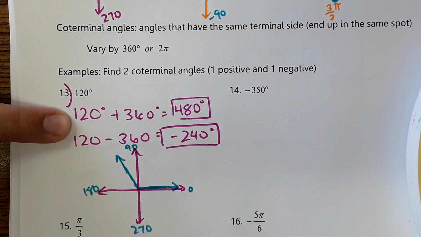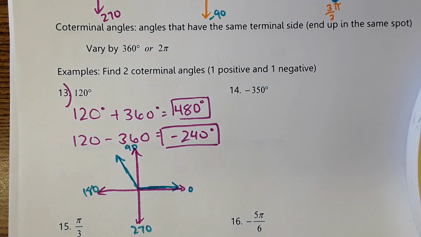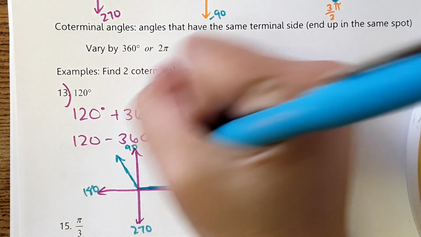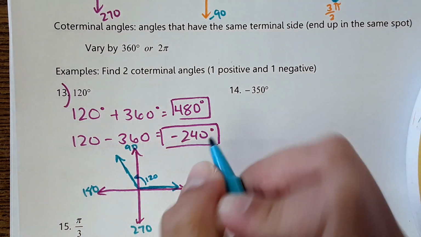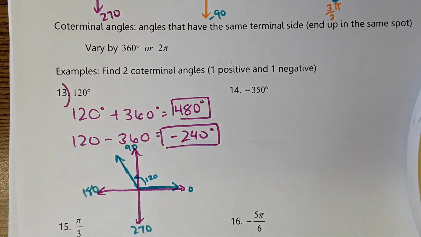So are they just both gonna end up at the same? Good call. Yes. Okay, so this would be 120. I'm going to quickly label that there. That's 120. Coterminal angles end up at the same spot.